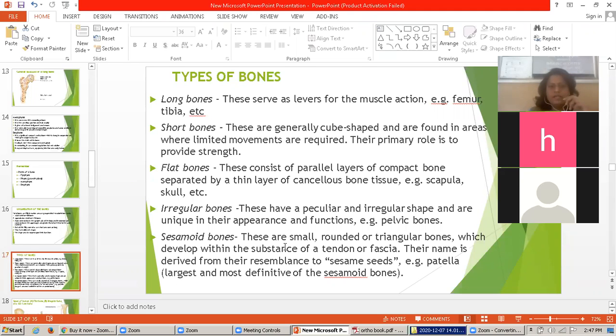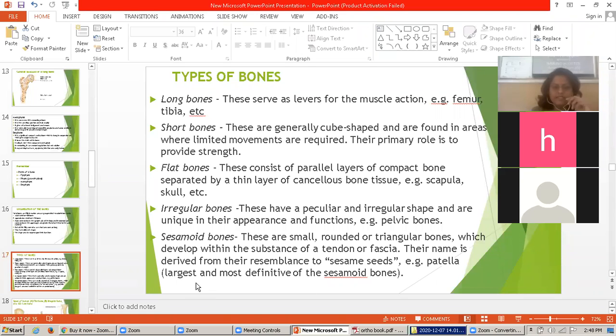Sesamoid bones are small, rounded or triangular bones which develop within the substance of a tendon or the fascia, and their name is derived from their resemblance to a sesame seed.